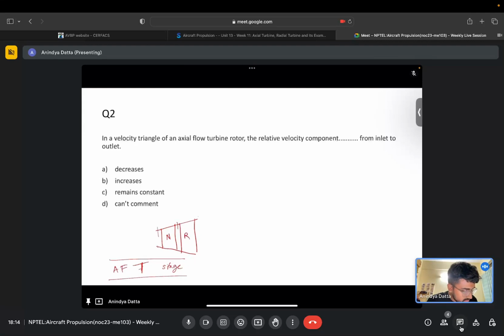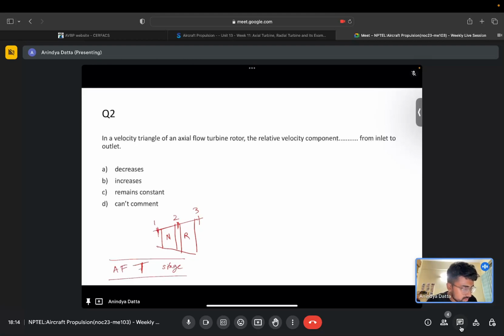This is different from our compressor stage. In a compressor the rotor comes first, then the stator blades, but in an axial flow turbine stage we have first the nozzle or the stator blades and then the rotor blade, so the station numbering is slightly different. So we will be drawing the velocity triangle across the rotor.